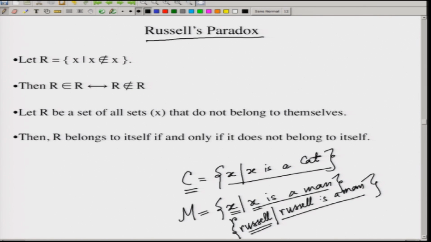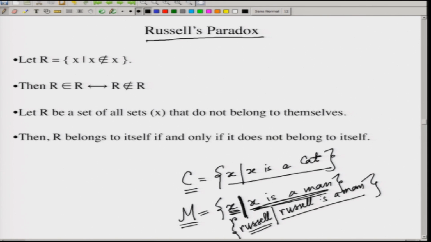Now, because the resultant sentence is not true, Indira Gandhi does not belong to the set M. This is very plain and simple. So, we write the variable here, and this is a bar, and after the bar we write the condition, that is, that variable is something. This is a set condition. This is how Cantor set up his sets. This is called the naive set theory.